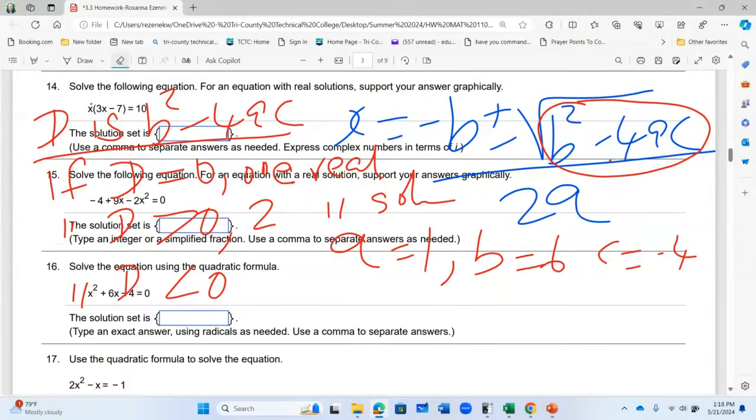You can be told to leave your answer in exact form. If the question says type an exact answer using radicals, it means you have to leave your answer in radicals.